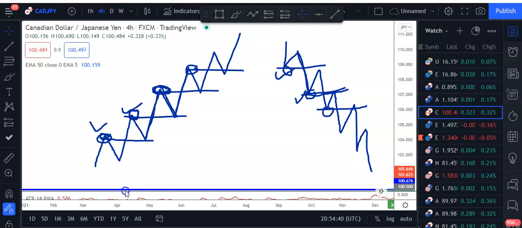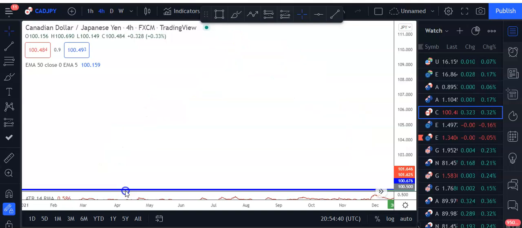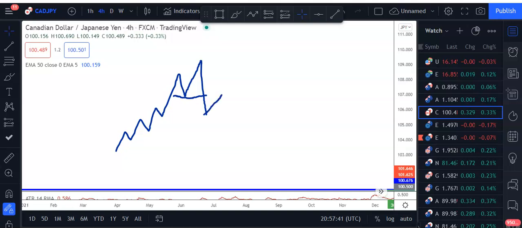So now let's talk about a reversal. So for a reversal, we need to see the market doing something like this. So let's say we are in an uptrend. We need to see the market doing something like this, moving downwards and breaking this level here and coming back to this level.